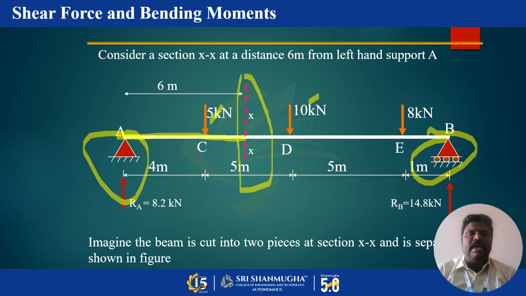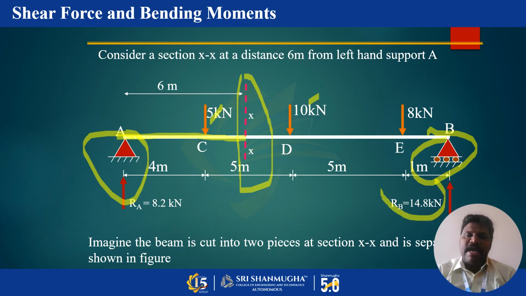Before calculating shear force and bending moment, note this is a simply supported beam: this support is hinged and this support is a roller. Each support offers a vertical, upward reaction. The reaction at support A is RA, and the reaction at support B is RB.